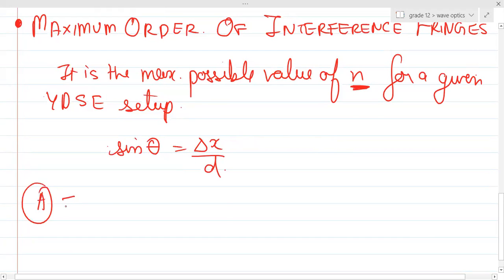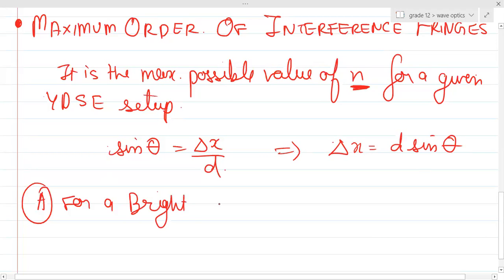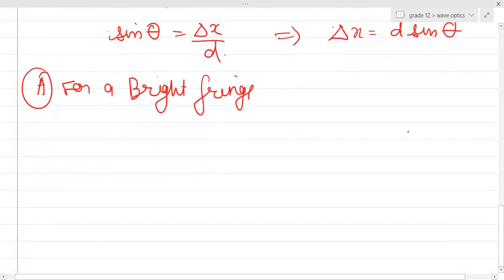अब if I say for a bright fringe, from here can I write this thing, delta x is equal to d sine theta. Okay. So if I talk about any general bright fringe, will delta x be equal to n lambda?